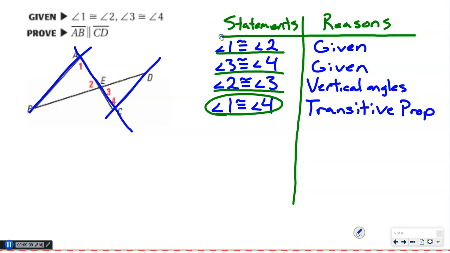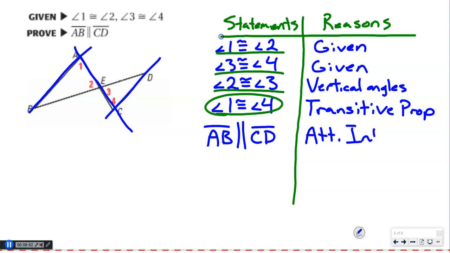So therefore, we can say AB is parallel to CD because of the alternate interior angles converse.